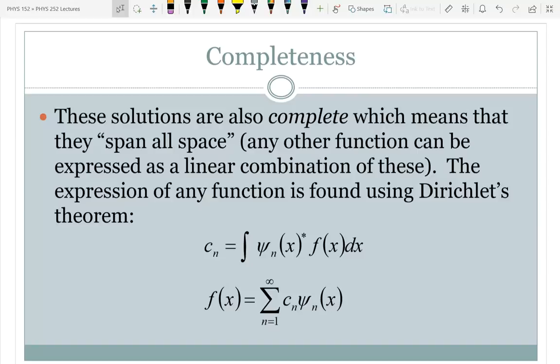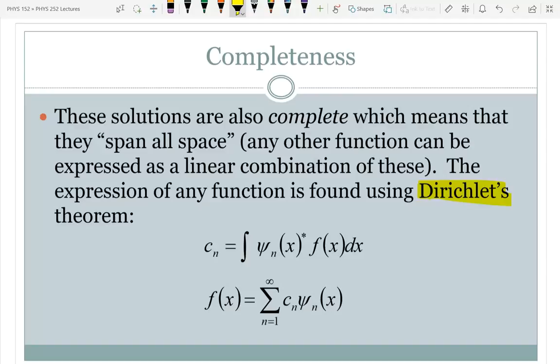You have all of the possible directions in the space. And so you can just make a linear combination of those directions to describe any function. And so Dirichlet's theorem, sometimes the French words drive me crazy. Sometimes I like them. Dirichlet is one I like. Dirichlet's theorem is basically just taking Fourier's theorem, another French name, and applying it to quantum physics.